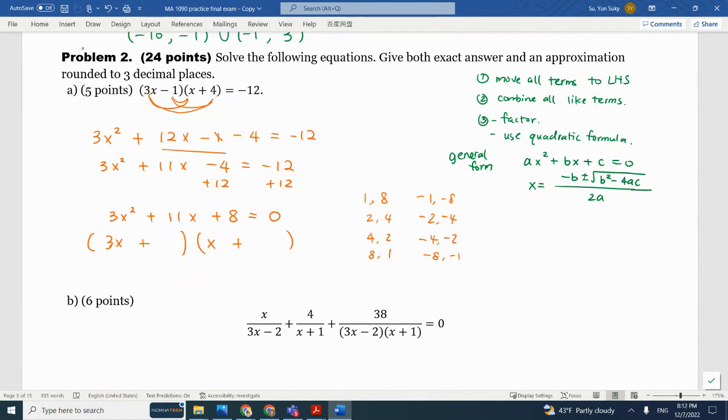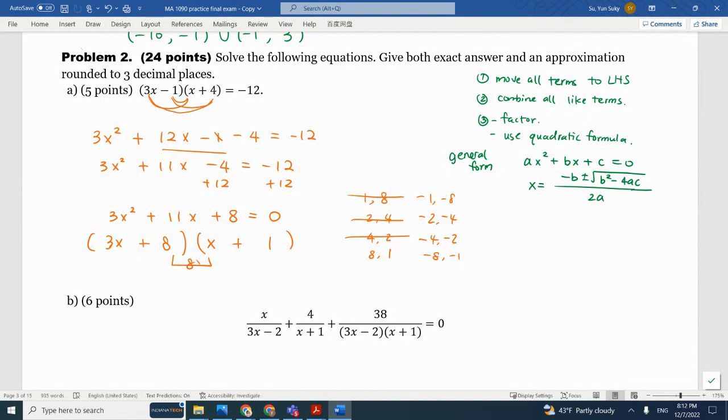So you keep going and try all the pairs. And how about 4, 2? 4, 2 gives us 4x, and 2 times 3, 6x. You add them up, you get 10x, which is not 11x. So we know 4, 2 does not work. And so you keep going until you find a pair that works.